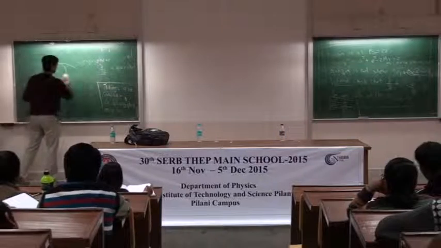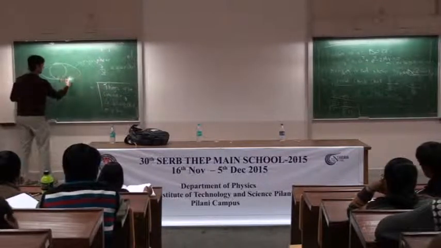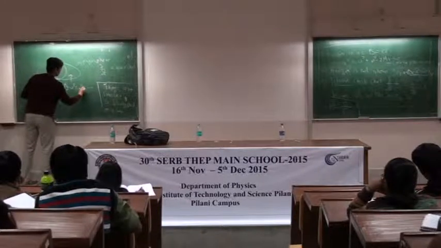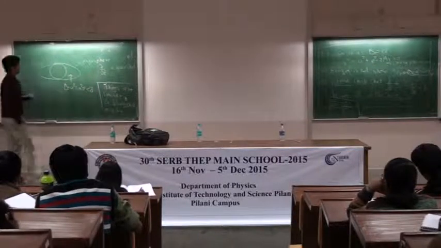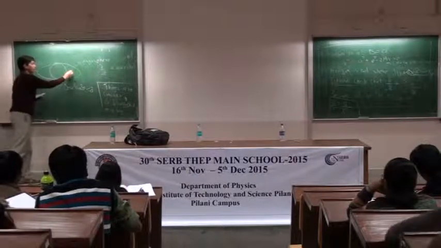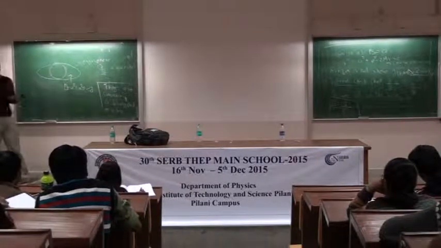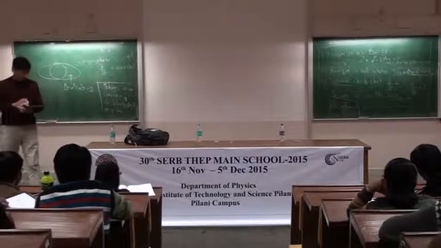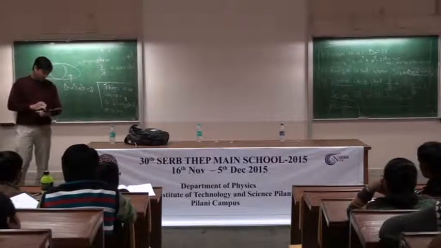And this region outside, the region where delta minus a squared sine squared theta is smaller than 0, is what gives the ergosphere. The boundary is where delta minus a squared sine squared theta is 0, and this region is called the ergosphere. So this is the definition that you will see.